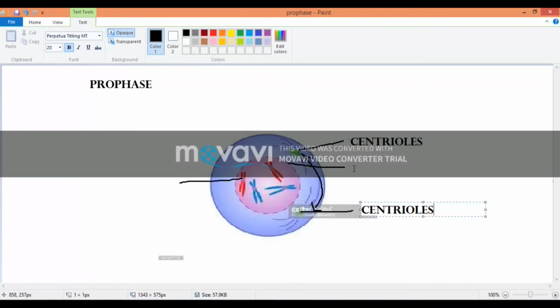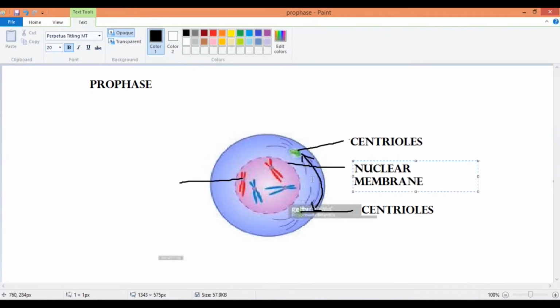And this one is the nuclear membrane. As we could see in the nuclear membrane, there are spaces, because the nuclear membrane or the nuclear envelope starts to break.